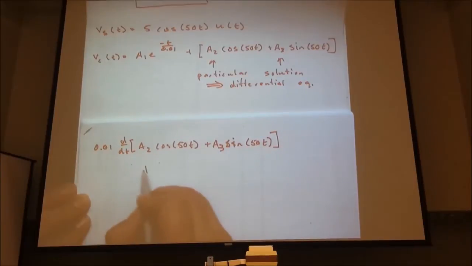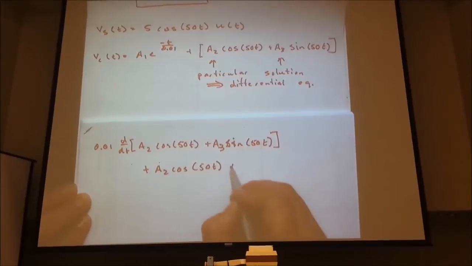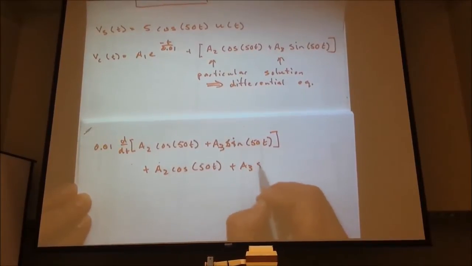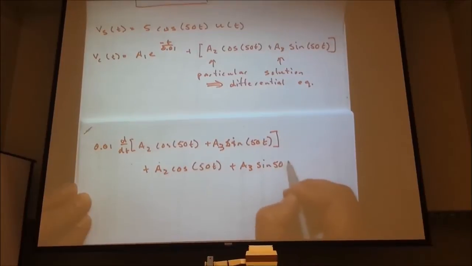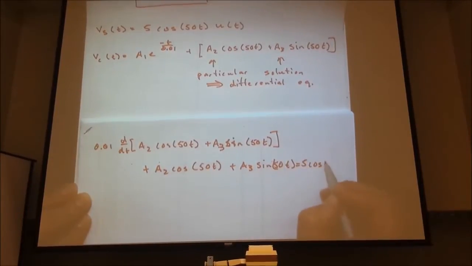There's our differential term plus A2 cosine 50t plus A3 sine 50t equals 5 cosine 50t.